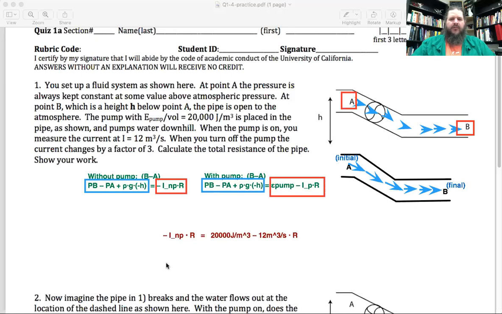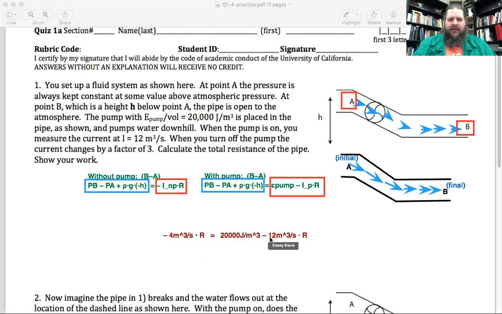That is, if you remove the pump, would you expect the current to get faster or slower? Yeah, so I would divide by 3 then. So that 12 decreased by a factor of 3. That would be 12 divided by 3. So we get 4 cubic meters per second.